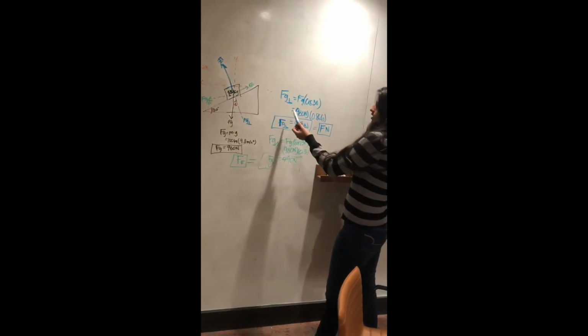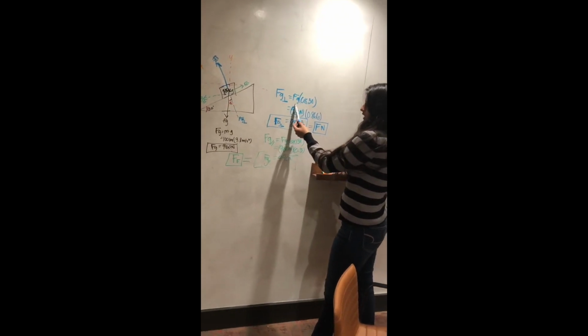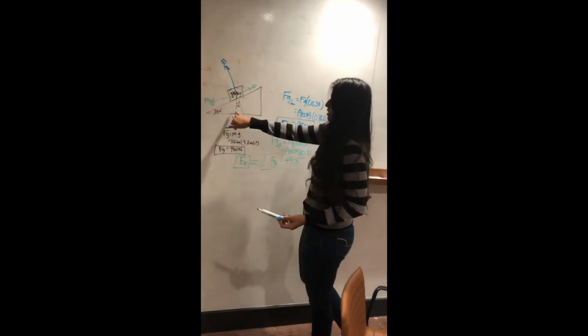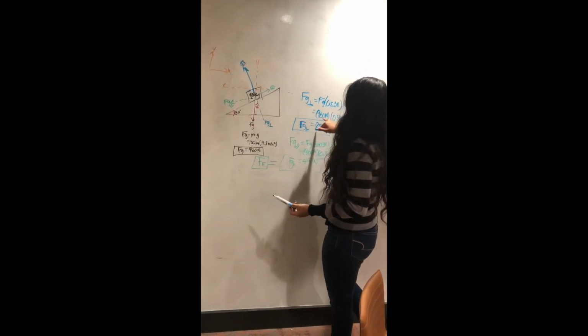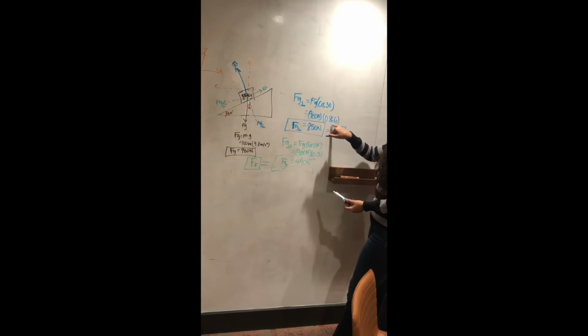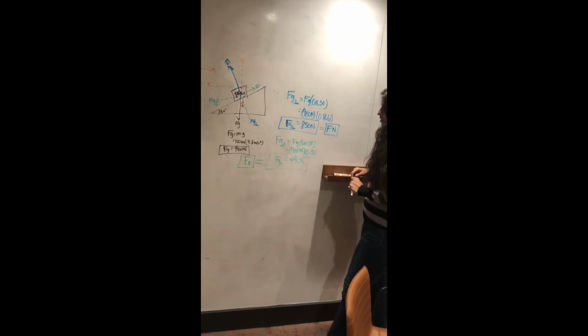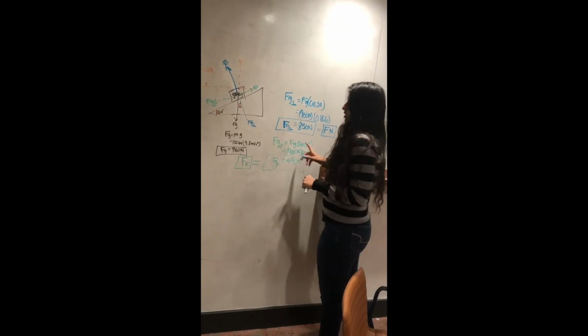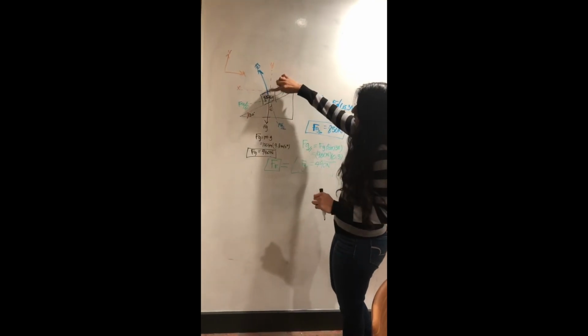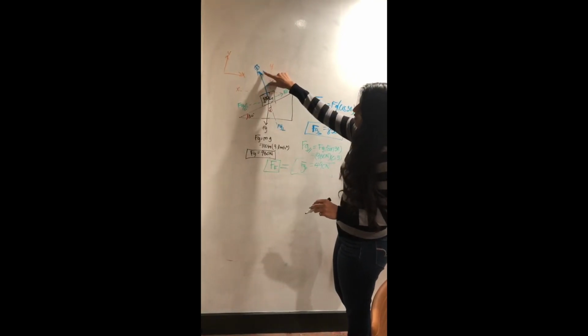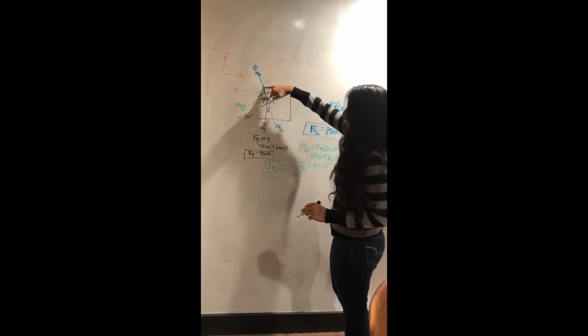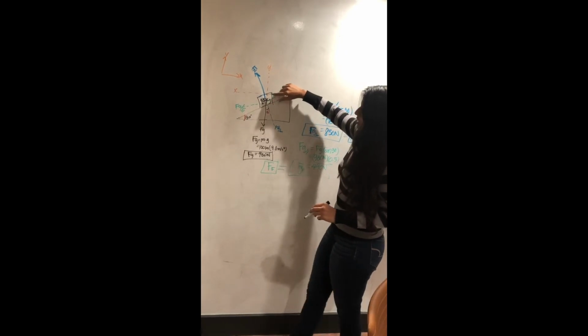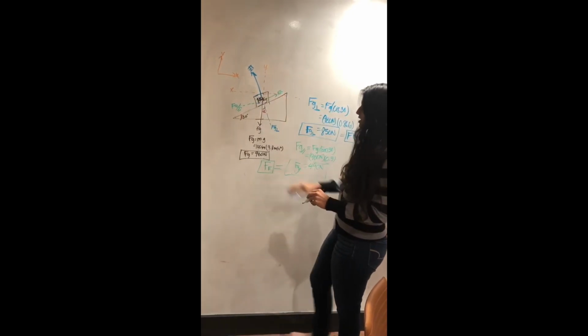So FG perpendicular is equal to FG times cosine of 30, which is just trigonometry. So that's 980 newtons times 0.866, which is about 850 newtons, which also happens to be our normal force because it's perpendicular to the surface. So that counteracts the balance and makes the object stay there.